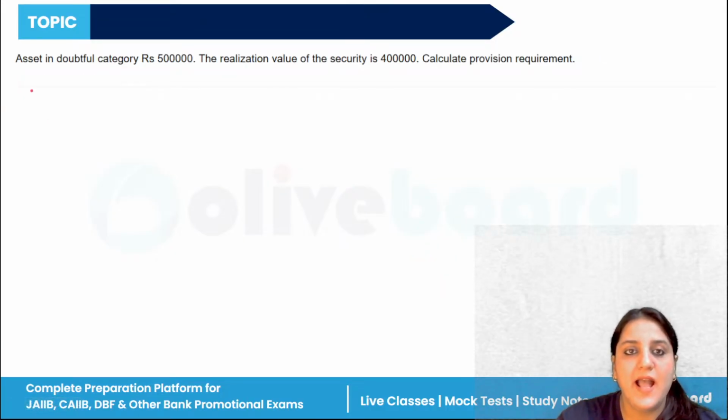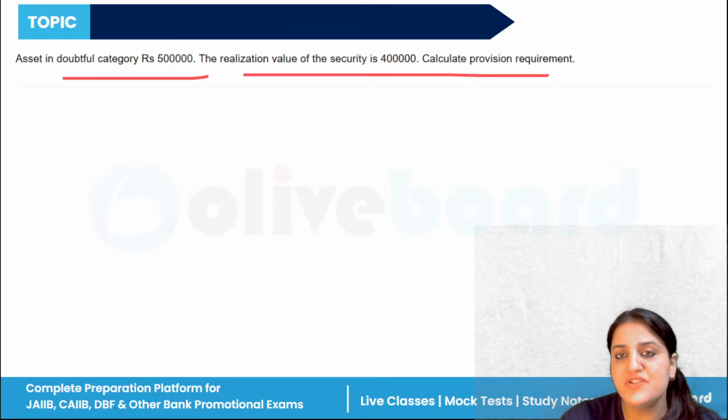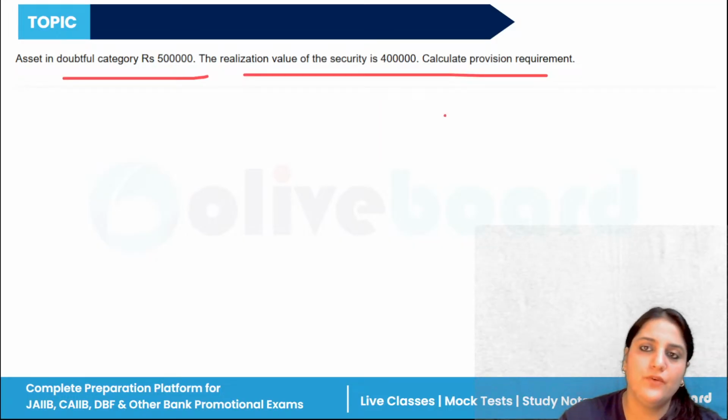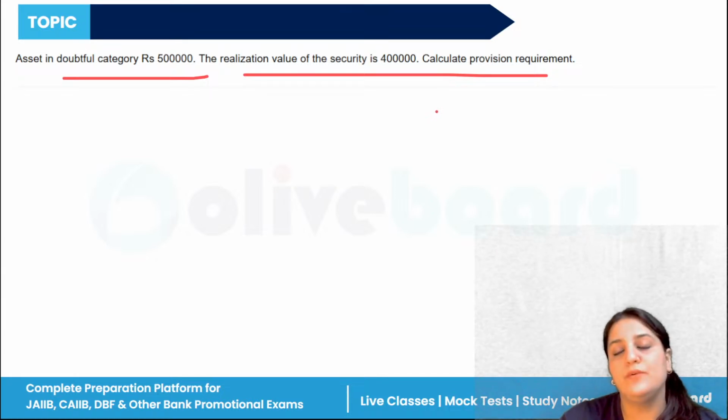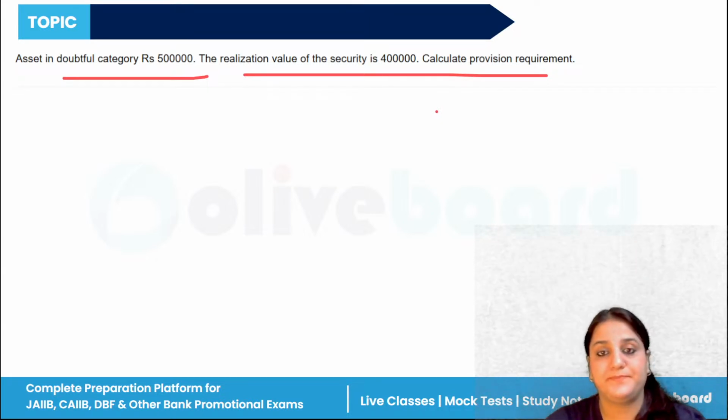So there are the assets which are in the doubtful category. The realization of the security is given as 4 lakh. So just calculate the provision requirement.